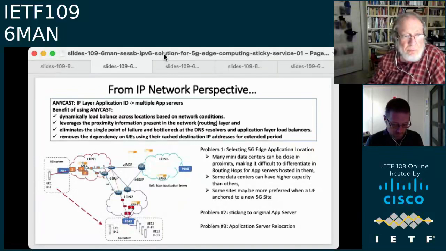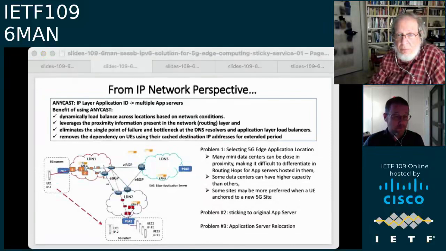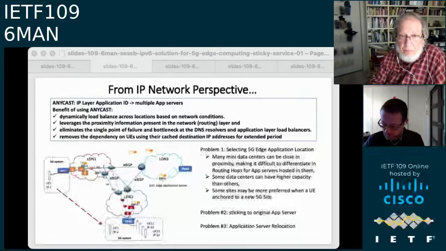Not only can it balance the traffic across different servers utilizing the network condition, it's actually able to utilize the routing layer information to achieve better load balancing, and to remove the single point of failure at the DNS resolver or the application load balancers.